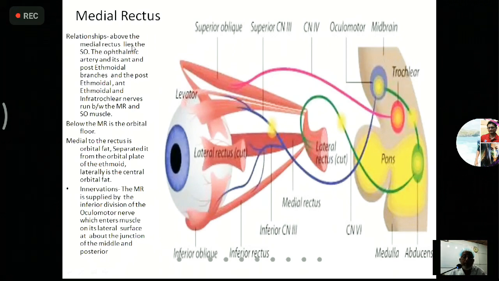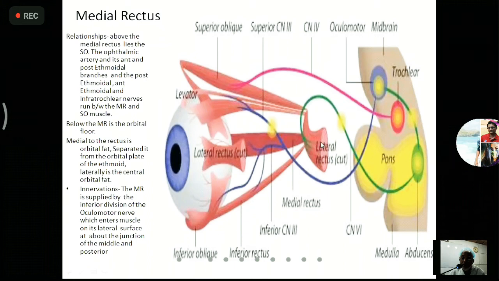Above the medial rectus lies the superior oblique. Okay, this is the superior oblique, this one is the lateral rectus, and this one is the medial rectus. This is the medial rectus below, and the lateral rectus, and this is the superior oblique, and this is the nerve from the brain tissue.